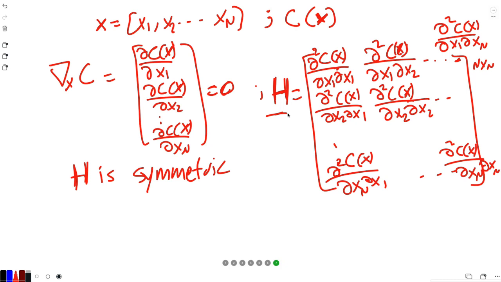And for every one, we can determine the situation based on the second differentiation or the Hessian. So in case of a single element, if the second differentiation is positive, it means that the point is a minimum. If it is negative, it means that the point is a maximum. And if it is 0, it means that the point is a saddle point.